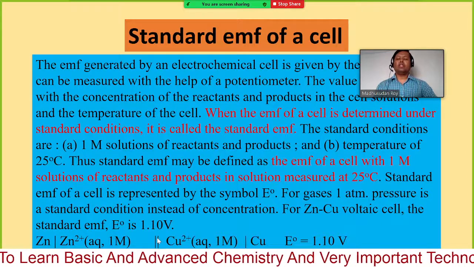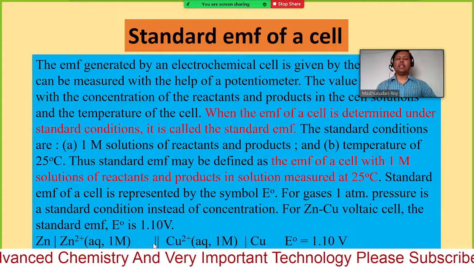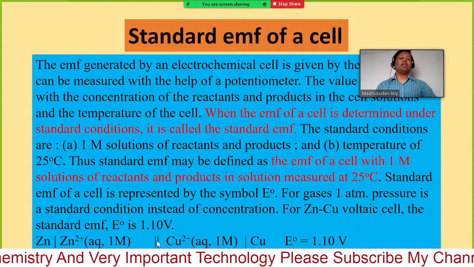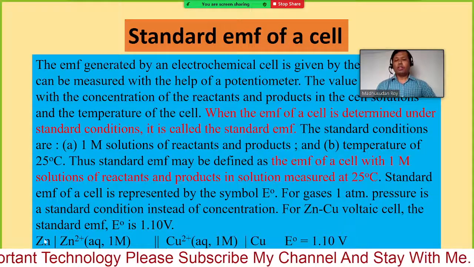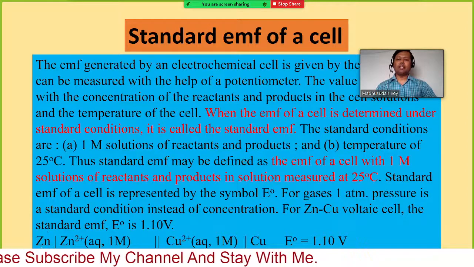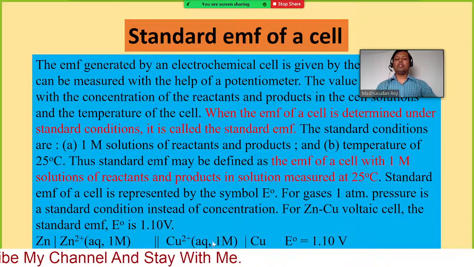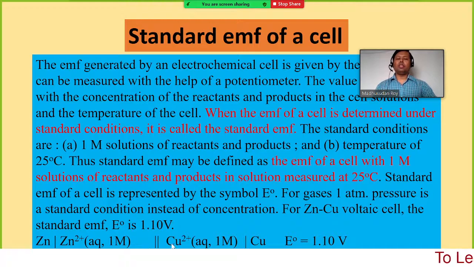If you have these two lines, you can consider that the half cells are connected by a salt bridge or some external connection. If you represent only one part and the other part by separate lines, without these two symbols, then you cannot have the connection.